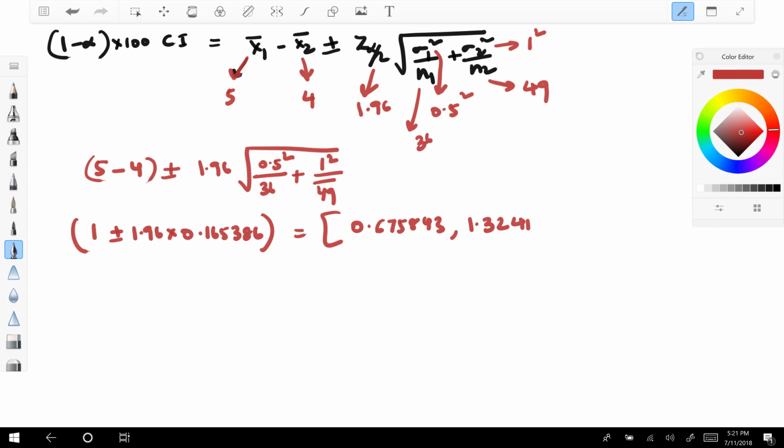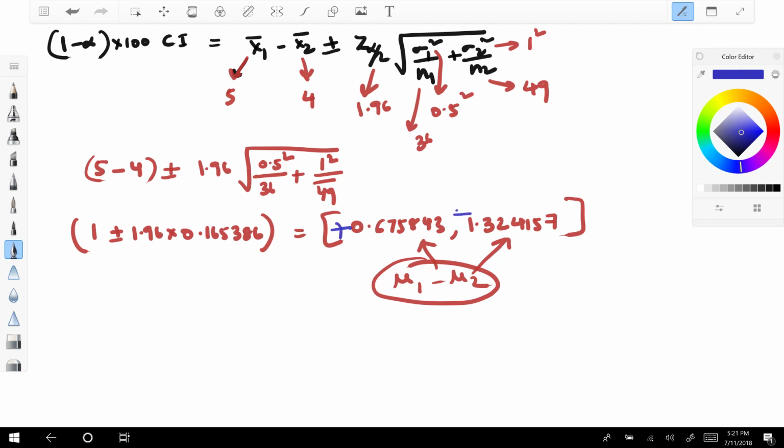So your mu1 minus mu2, the difference in the mean, will lie between these two values. So the lower limit of mu1 minus mu2 would be 0.675843 and the upper value would be 1.324157. If you see, both these values are positive values.